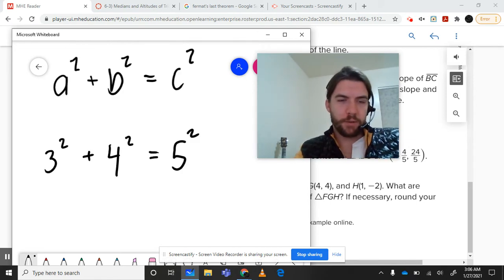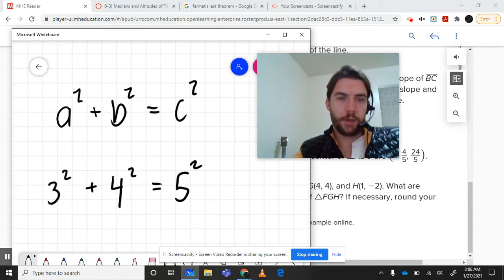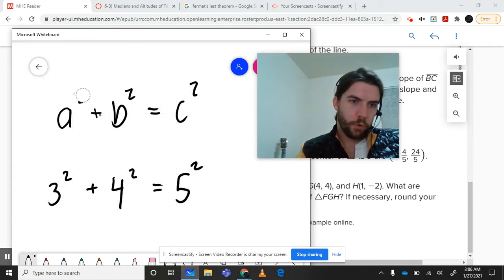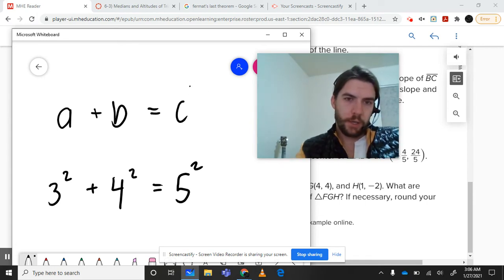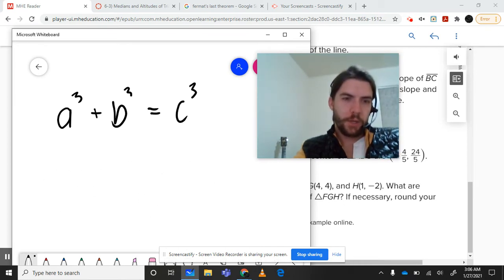Now, what Fermat's last theorem said was that if you were to explore these types of equations, and instead of doing squares, do any other number, cube, to the 4th power, to the 5th power, to the 6th power, there are no numbers that I can put in. So let's say I do 3 cubed and 4 cubed.